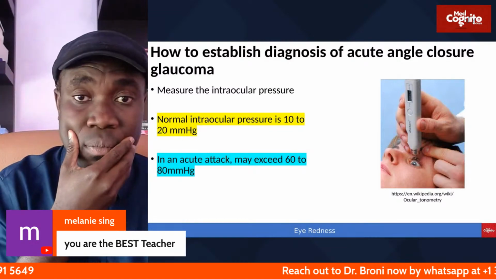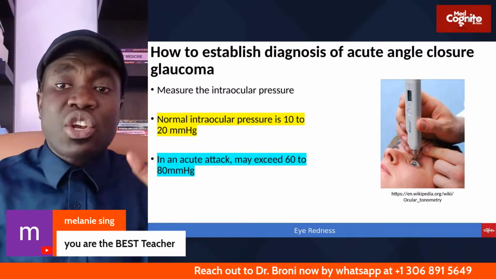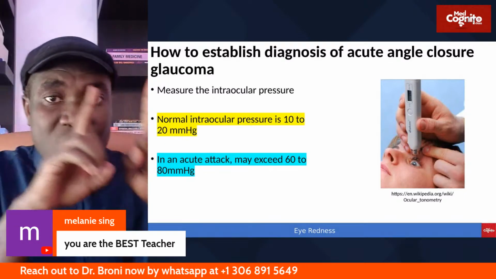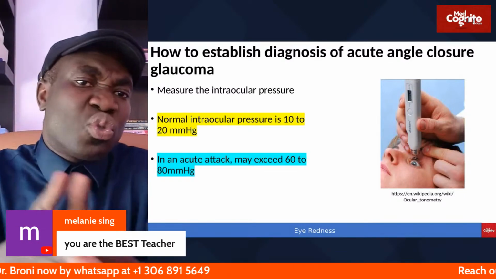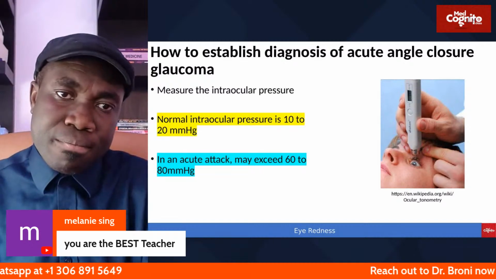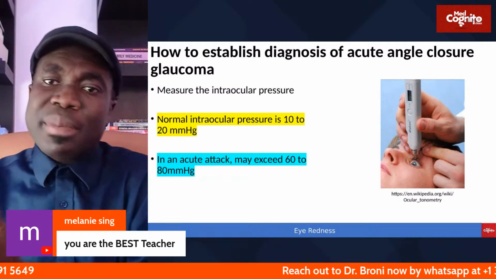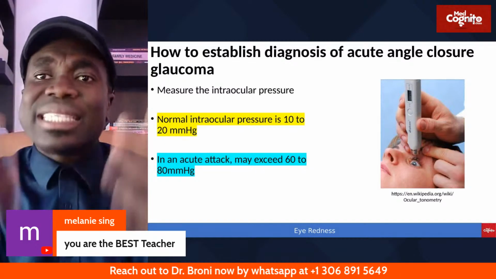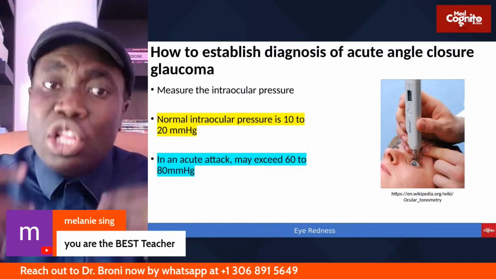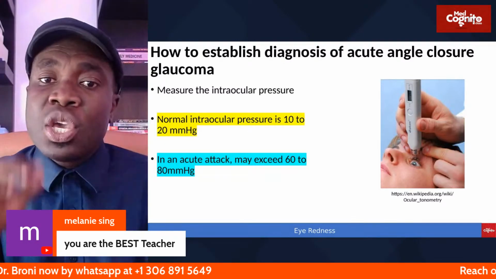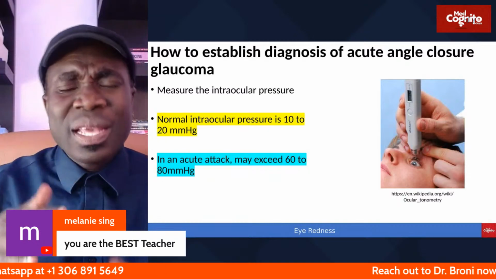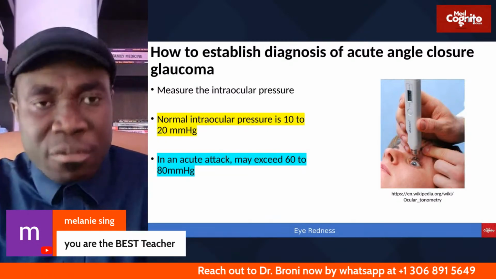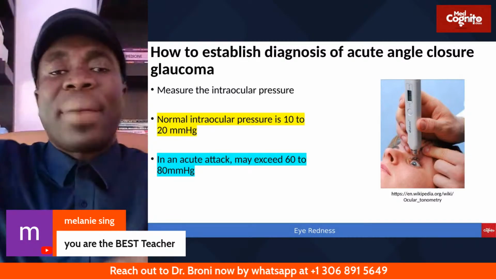Always remember that the normal eye pressure is between 10 to 20 millimeters of mercury. In an acute presentation of acute angle closure glaucoma, the intraocular pressure goes above 60 millimeters of mercury, so almost 3 times the upper limit.